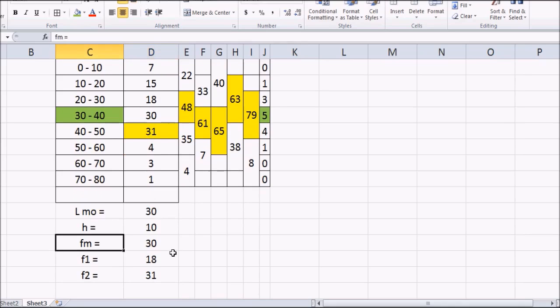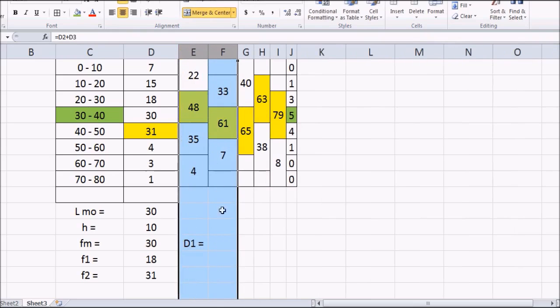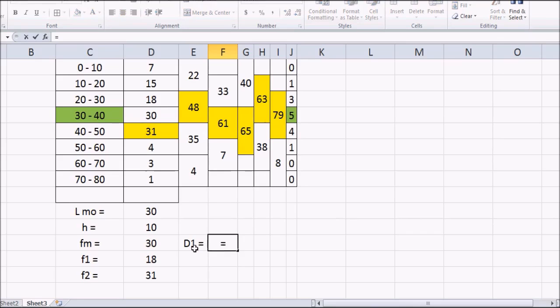Now let's calculate the values of delta 1 and delta 2. d1 equals frequency of the modal class minus frequency before the modal class, and d2 equals frequency of the modal class minus the frequency after the modal class.